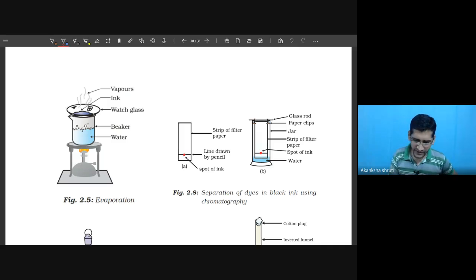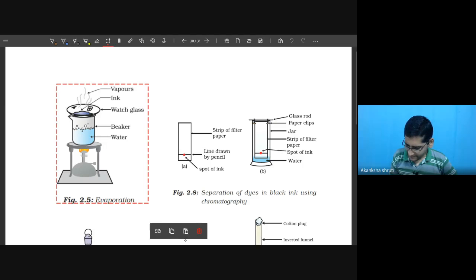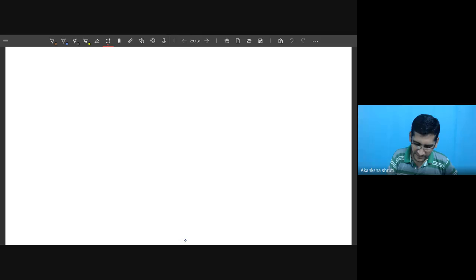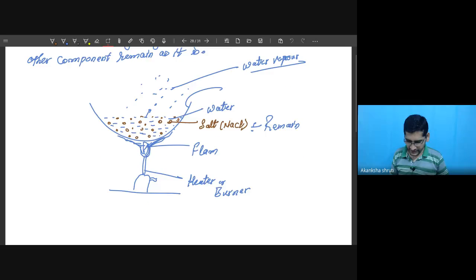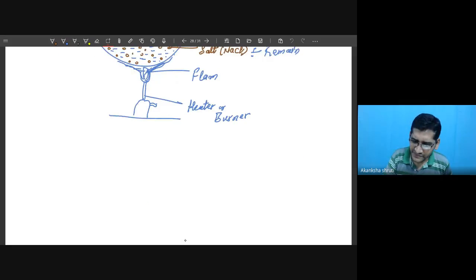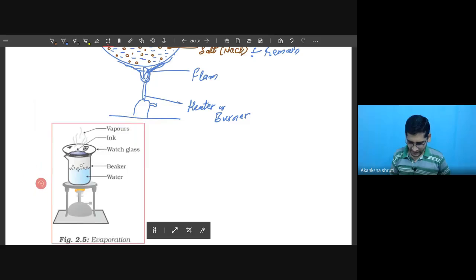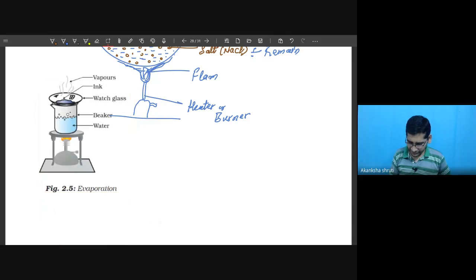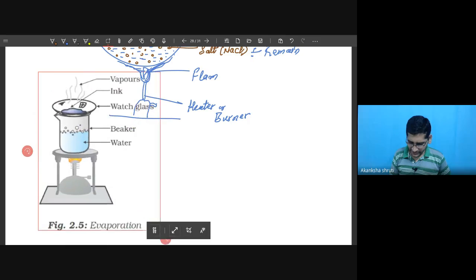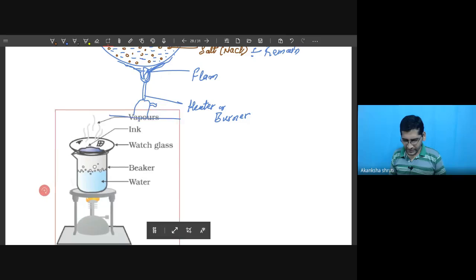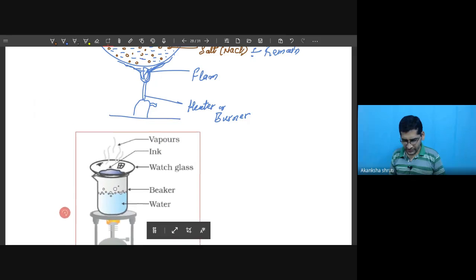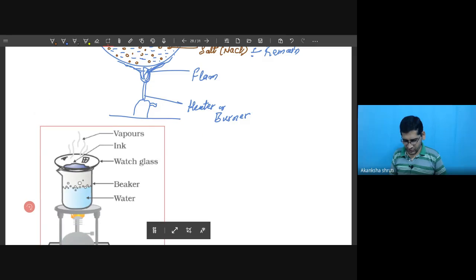See, it is this one, evaporation. Students, let us paste it here. It is the same thing, but here ink is taken rather than sugar and water.